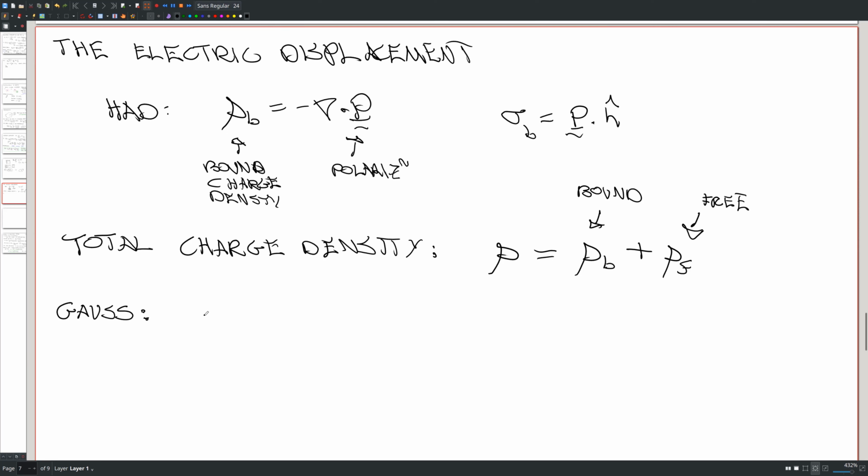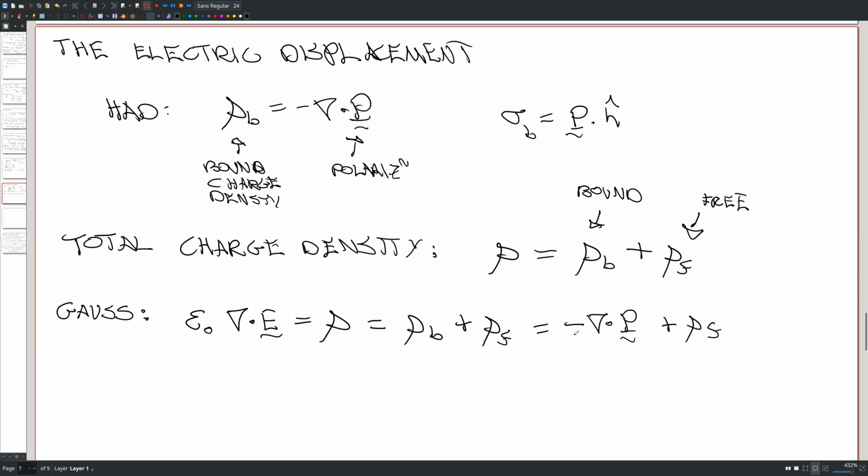Gauss tells us that if I just take epsilon 0 times the divergence of E, I'm just rewriting Gauss's law here, div E is equal to rho over epsilon 0, that's my rho. Always valid. But what is this? Well, we just said that this had two pieces, rho bound plus rho free. But we just said that the bound charge is minus the divergence of the polarization.